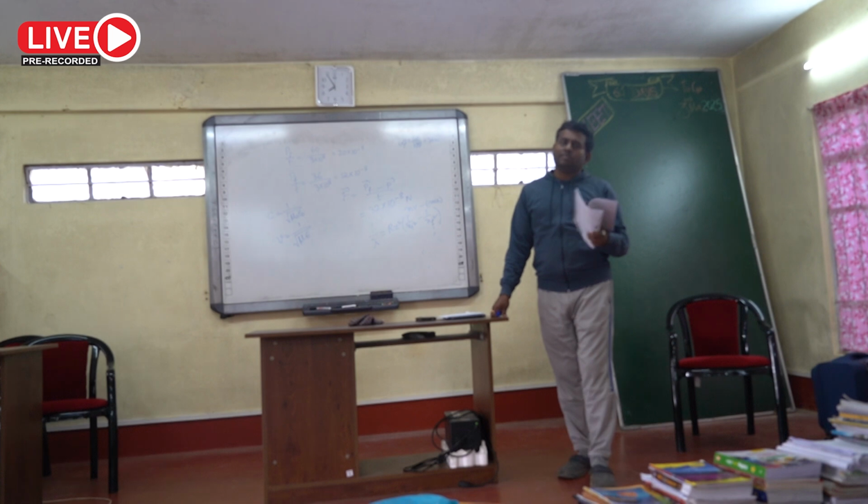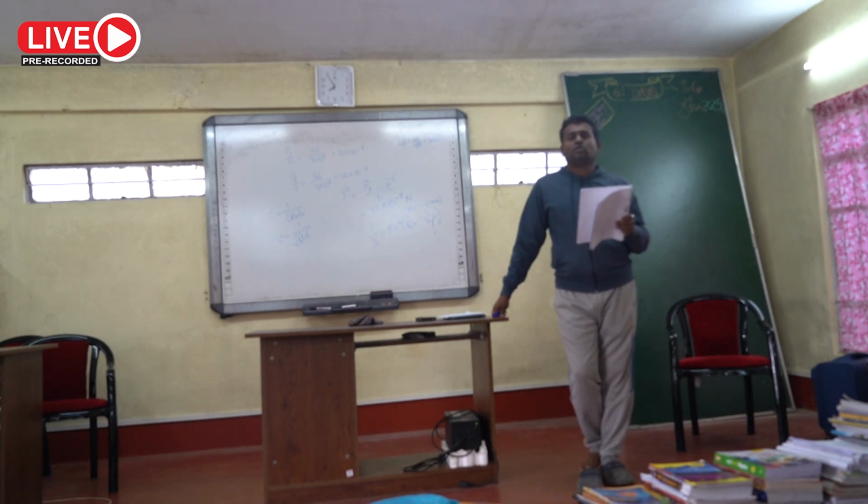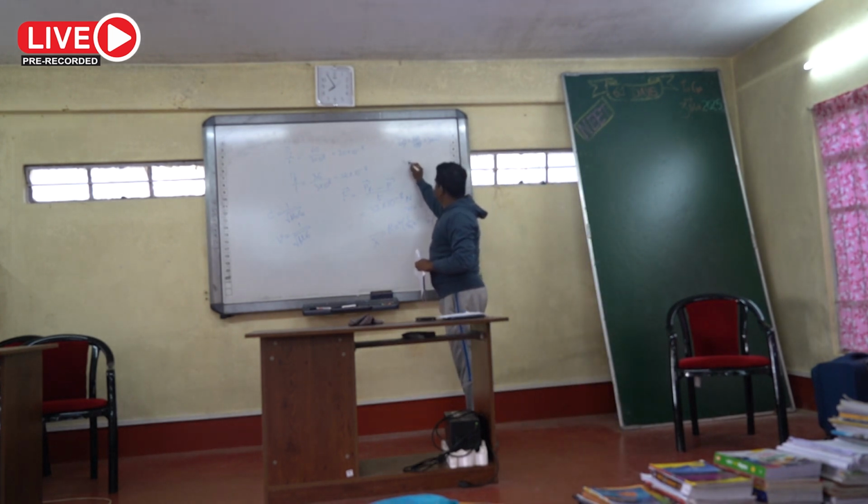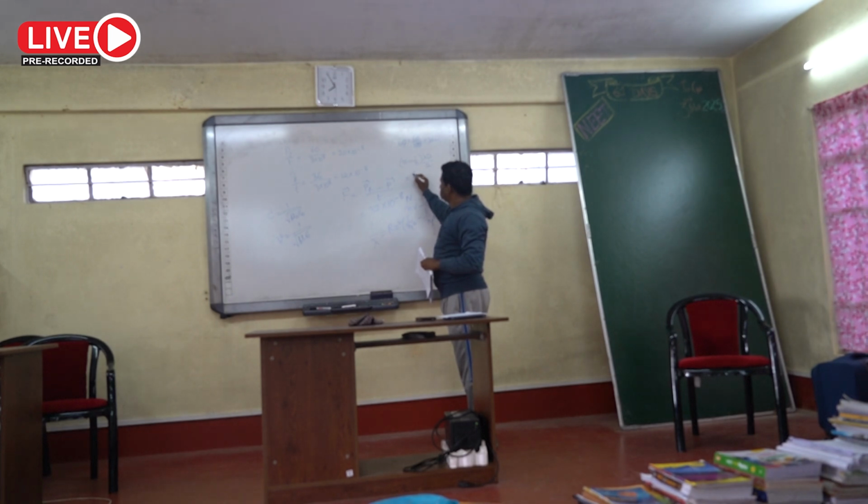Linear width is 2 lambda d by small a, and third order means n minus half, lambda d by a. So if you put n equal to 3, third order, then its width will be 3 minus half. That will be 5 by 2.